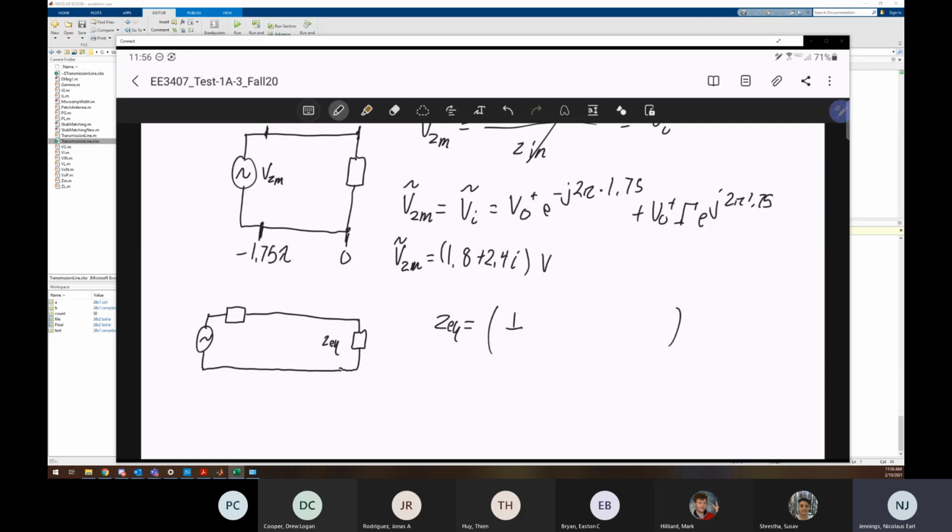Exactly, parallel. One of them we already know is ZM. This other one, we're going to have to find out. What equivalent thing are we looking for at this location? How can we write out the impedance so that we can bring them together?